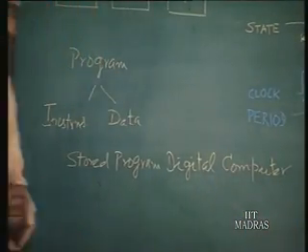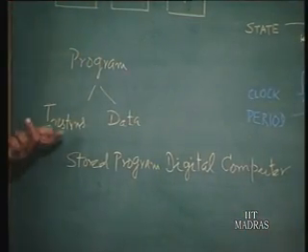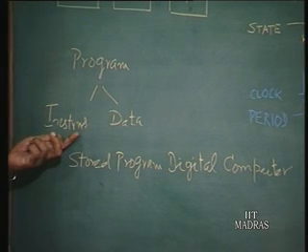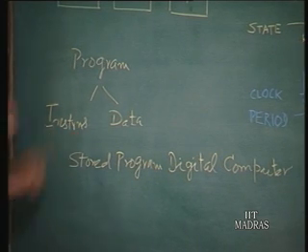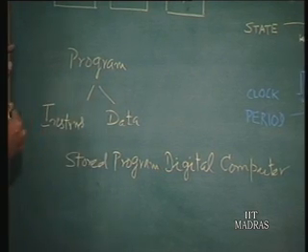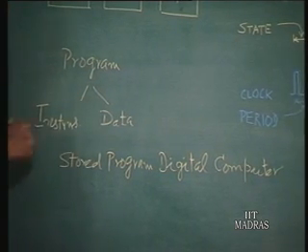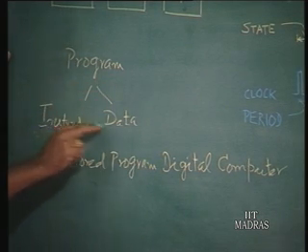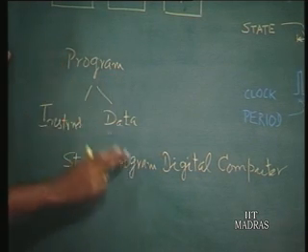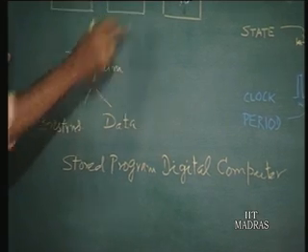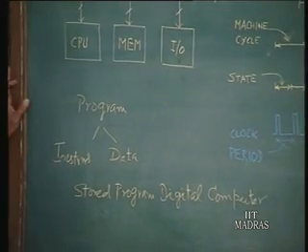In this, we have identified that instructions are the ones which tell what operations are to be carried out, and the data is on what operands the operations must be carried out. These are the two parts. This whole thing, instruction and data, forms the program, and that program is stored in the memory.